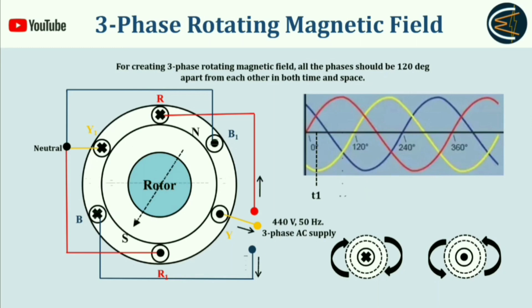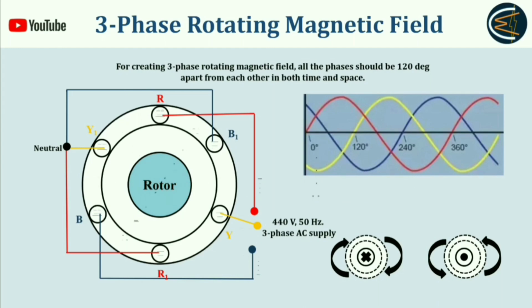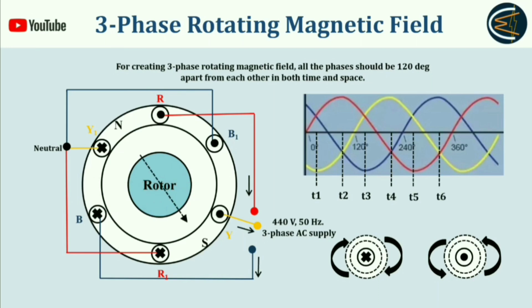See, it is rotating in nature. So that is how it actually rotates, and that is the reason behind its rotating nature. Now I think the concept is clear to you, why it rotates.